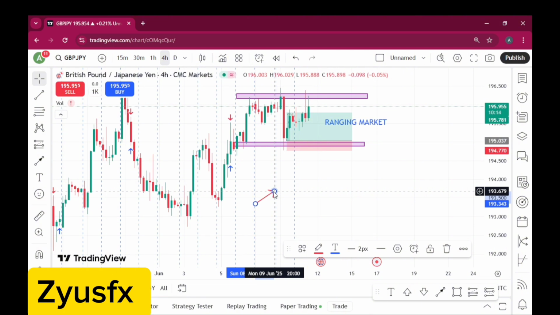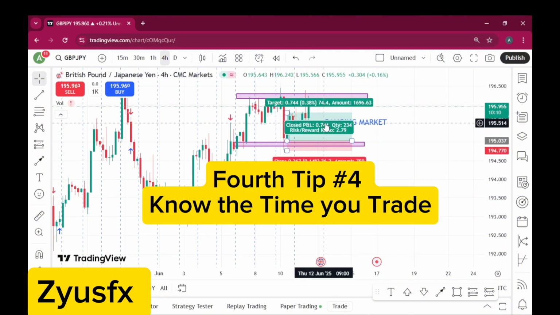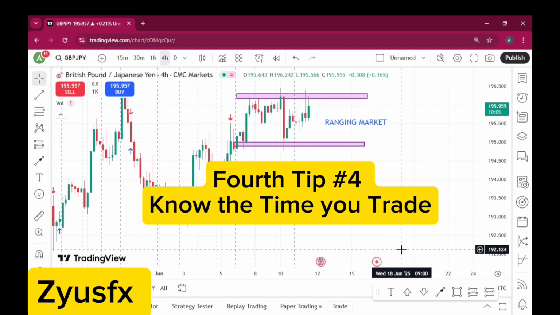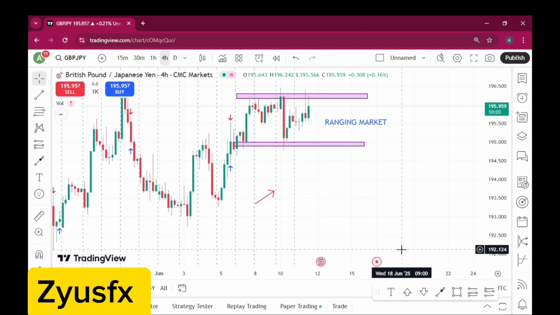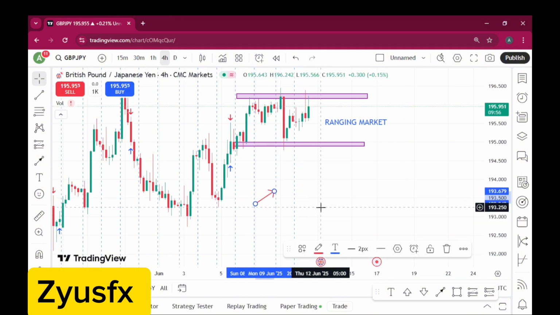So the next tip is know the time you are trading, because the trading hours or the session you are trading, either the New York session, London, Asian, Tokyo, know the time of your trading, because the timing also influences your result.